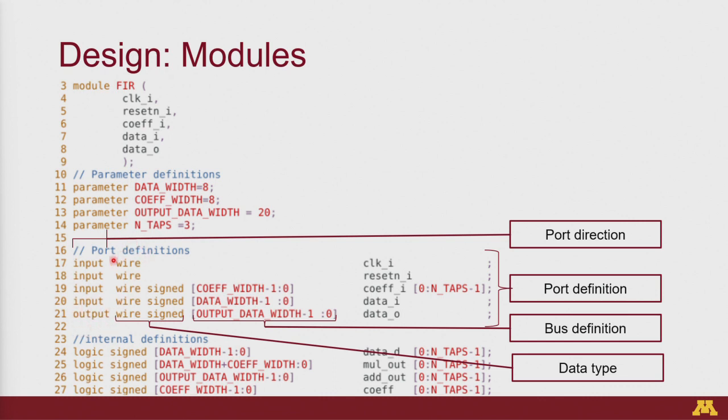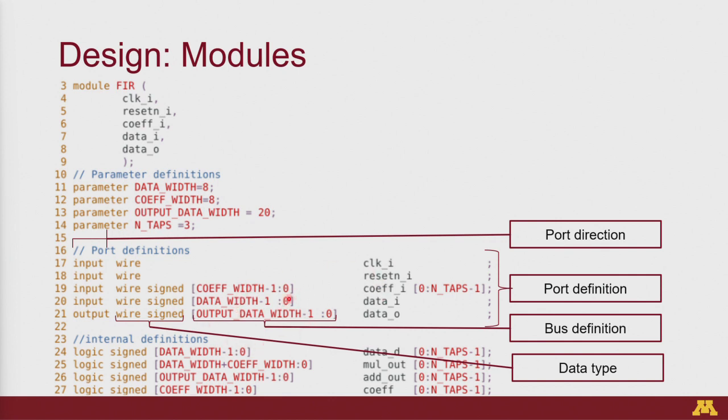Then we need to tell what the type of the port is. In this case, we are defining the type as a wire type. I'll go over the different types a little later in the tutorial. Since we are working on FIRs and a lot of numerics, we can even define these as signed, so that it does signed arithmetic instead of unsigned arithmetic.